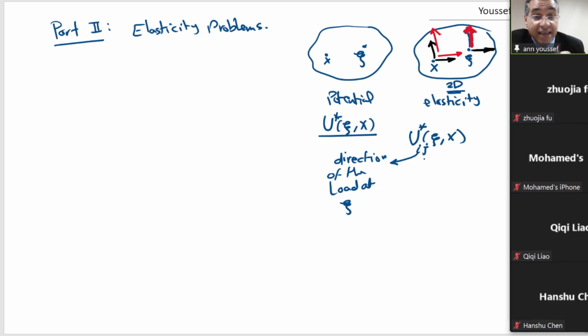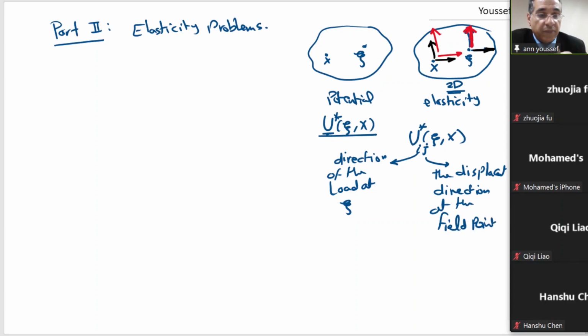And j is the direction of the displacement. This is a displacement now. Before, u asterisk in the potential problem was the potential, but now u asterisk is the displacement direction at the field point x.